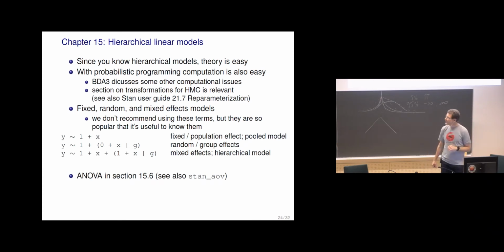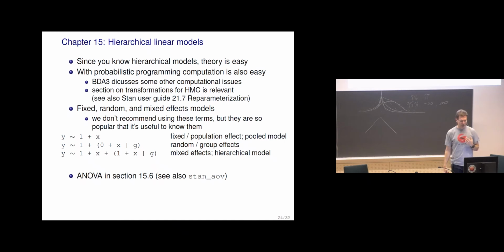And an example is that fixed effect refers to something that we would say is a population effect. So the first one, where all the groups have just one coefficient, and we could say that this is the pooled model.